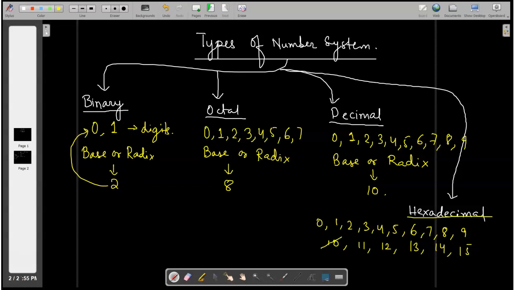The number 10 is represented as A. Number 11 is represented as B. Number 12 is represented as C. Number 13 is represented as D. Number 14 is represented as E. And number 15 is represented as F. So the digits of a hexadecimal number system are 0, 1, 2, 3, 4, 5, 6, 7, 8, 9, A, B, C, D, E, F. Since it has 16 digits, the base or radix of a hexadecimal number system will be 16.